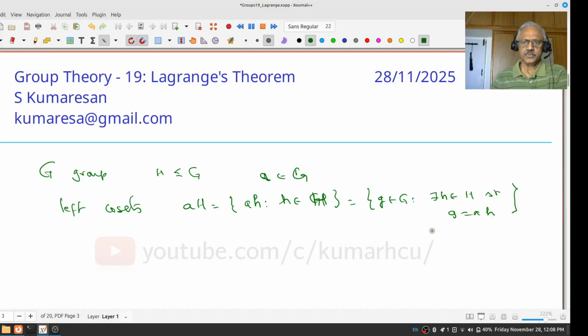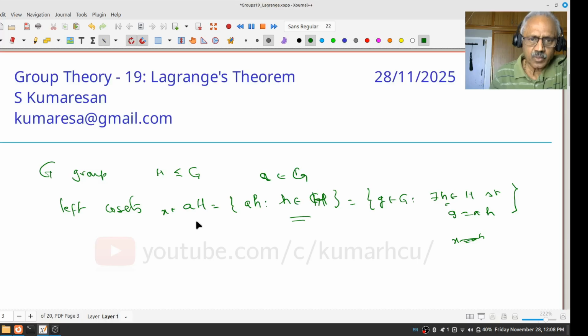This is what you should learn, because whenever I say there is an x in this, it means I should be able to find some h so that I can write x as A times h. Just by looking at this, people will not realize what is given.